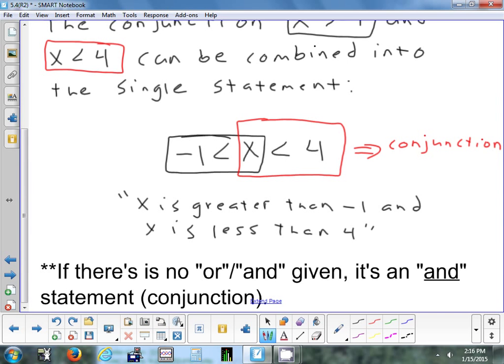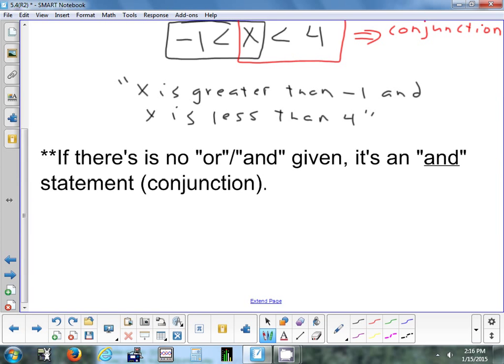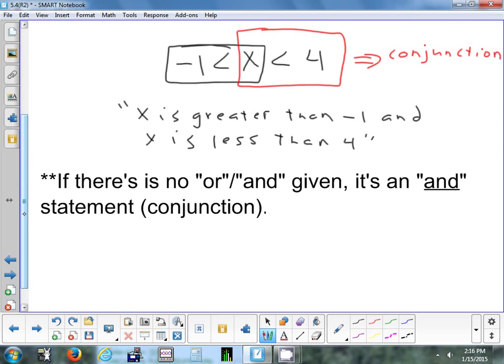This one has two. So if we have two inequality signs and there's no and or or written, you need to make it an and. You need to make it a conjunction. Before we look at the next example, I want to write one and see if you can tell me what the two inequalities are.